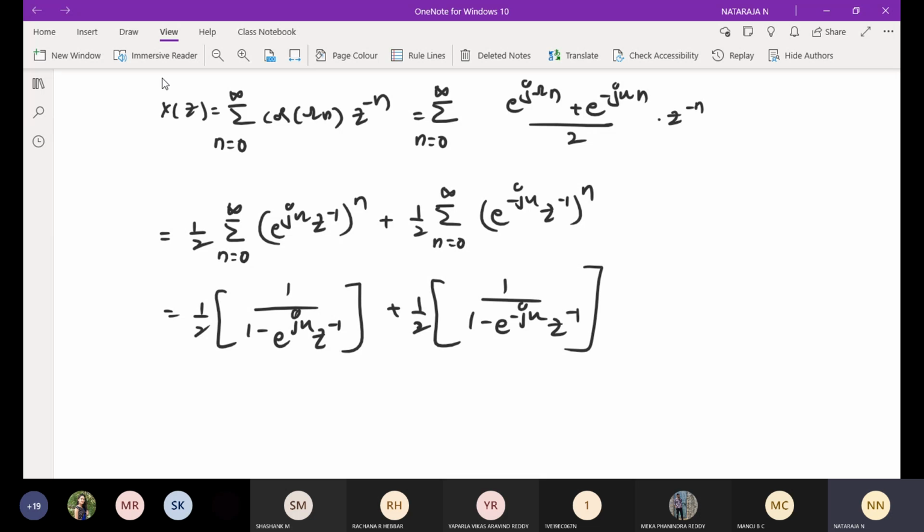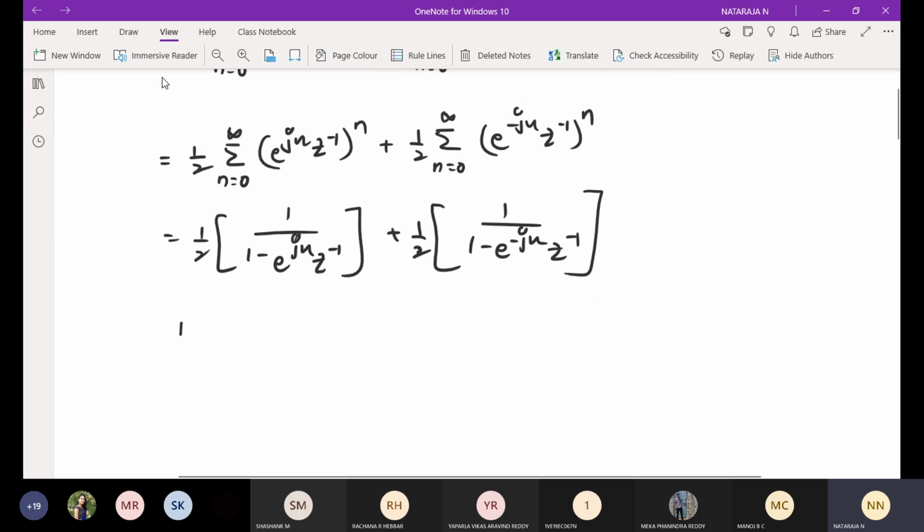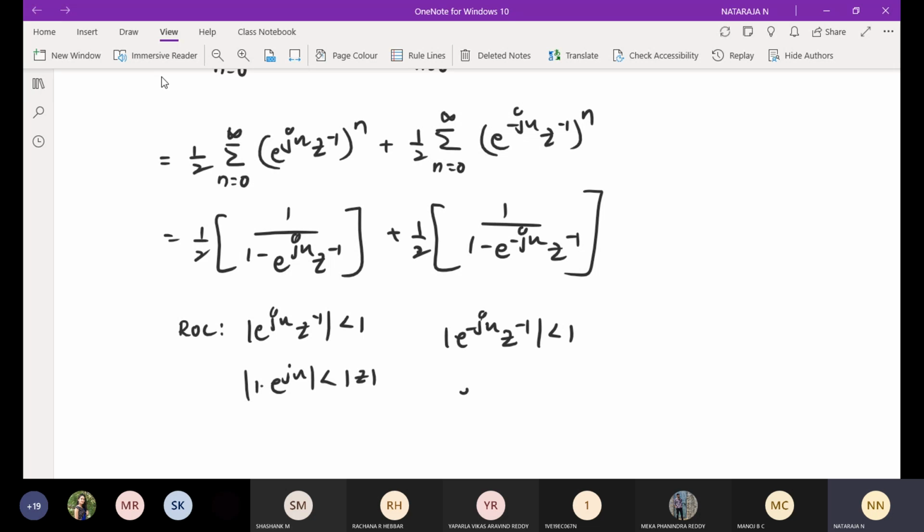Now we are going to find the ROC. The ROC is where magnitude of e power j omega z inverse is less than 1, so that 1 into e power j omega will be less than magnitude of z. Then e power minus j omega z inverse is less than 1, so e power minus j omega is less than magnitude of z.